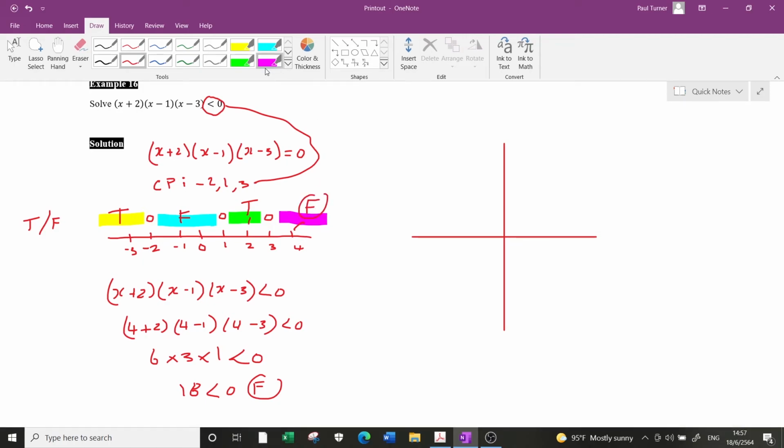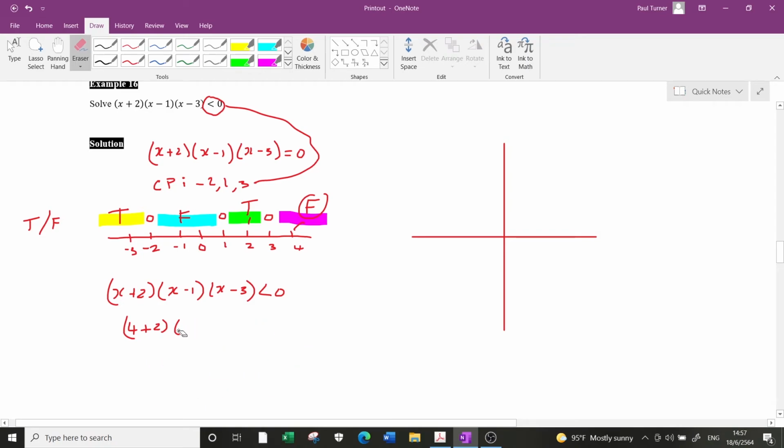Okay, so we'll write our solution out. So looking at our graph, what is true? Any number less than minus 2. So x is less than minus 2, or you can be between 1 and 3.